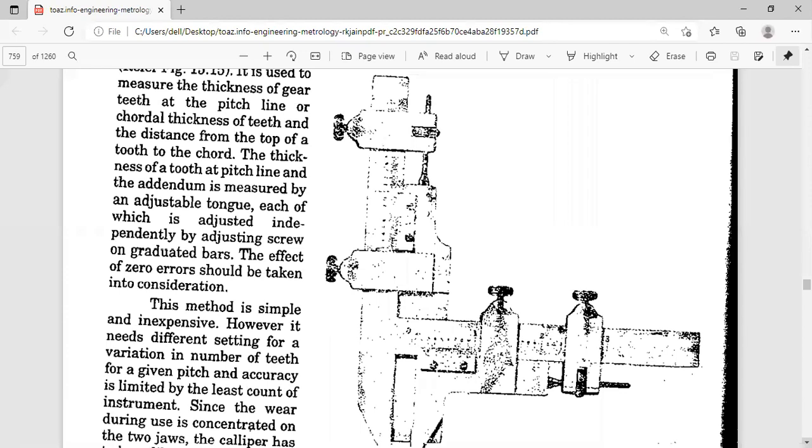However, I already told you we have to go for different settings because there may be variation in the number of teeth as far as the gear is concerned, and they will not have the same pitch. The accuracy of this measurement is dependent upon the least count of the instrument.